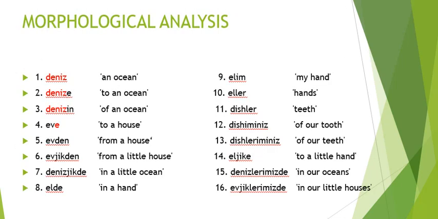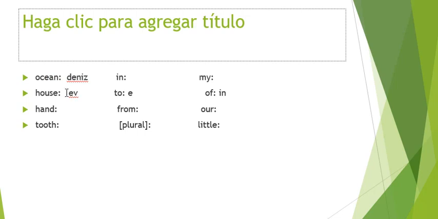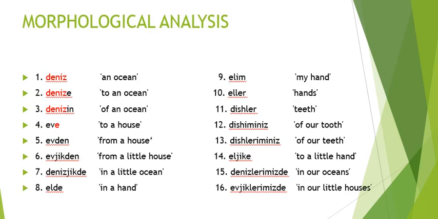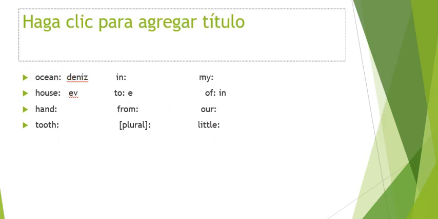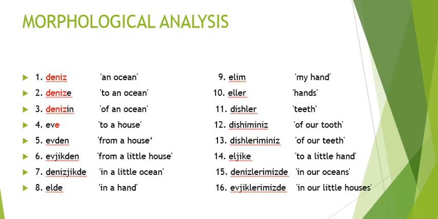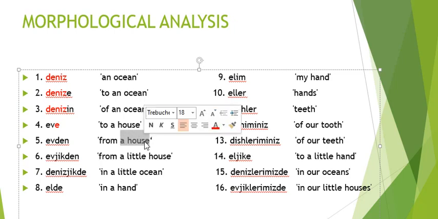Okay, let's continue analyzing. Now you are going to look for the structure that represents from in Turkish. Here you have it, from. So let's make the comparison. Now you know that a house in Turkish is ev, right? So a house, you have these two words.